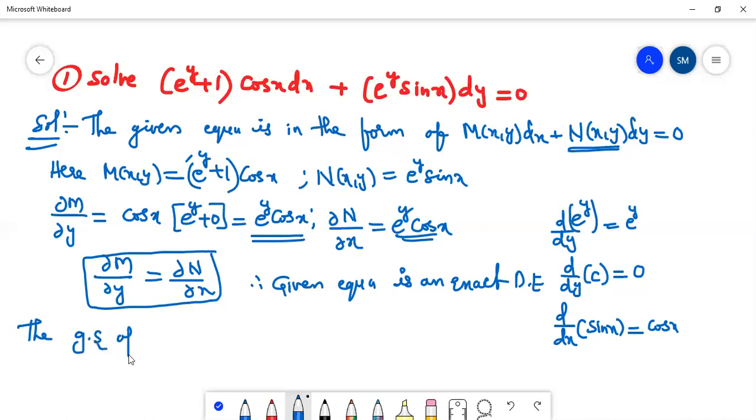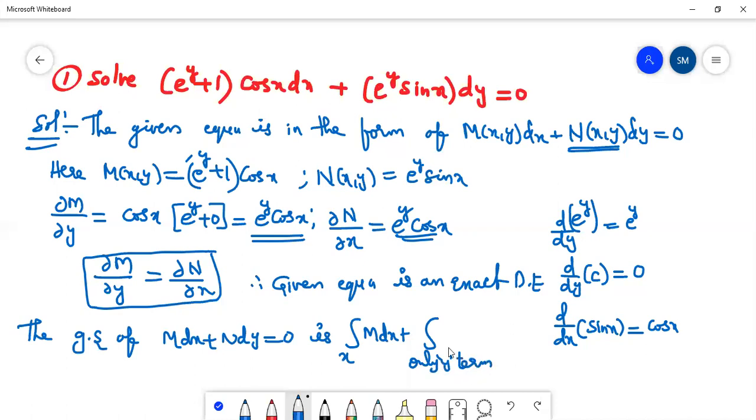Next, we take the general solution of the exact differential equation. The general solution of M dx plus N dy is equal to 0 is integral over x of M dx plus integral of only y terms, that is, terms independent of x in capital N of x comma y, dy is equal to c.